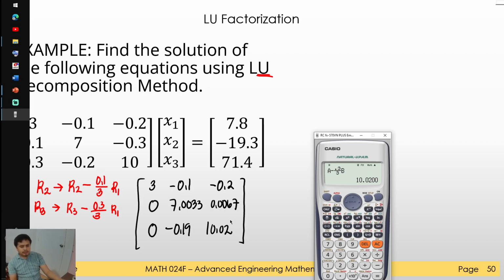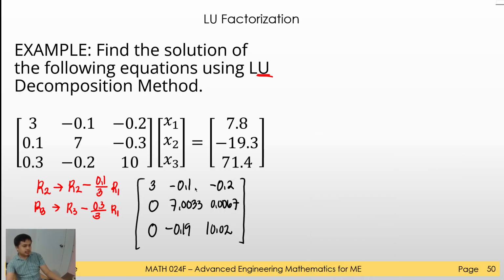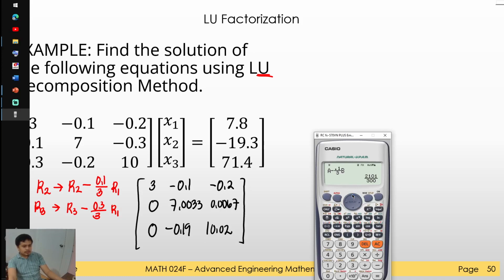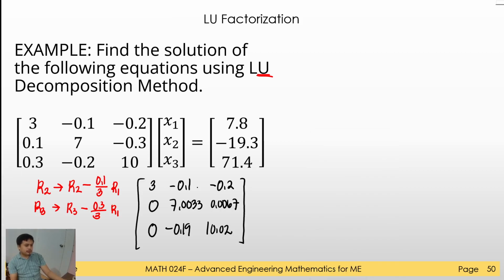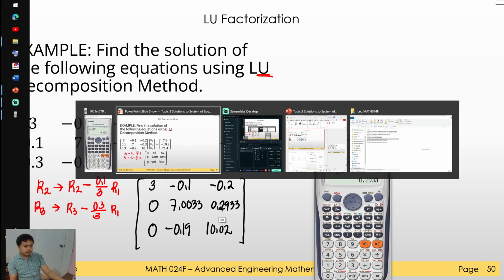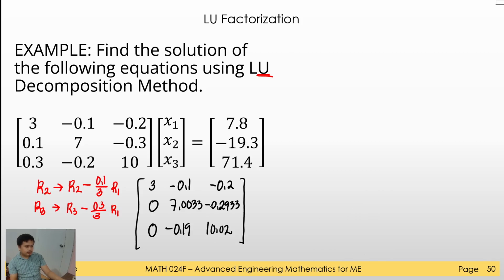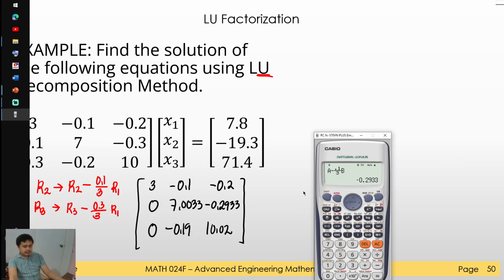I think we did something wrong here. Let me check this. So negative 0.3 and... we put a different value. Okay, so we have an error here. 0.2933, or sorry, negative. And for the last entry, I think we did something wrong again.